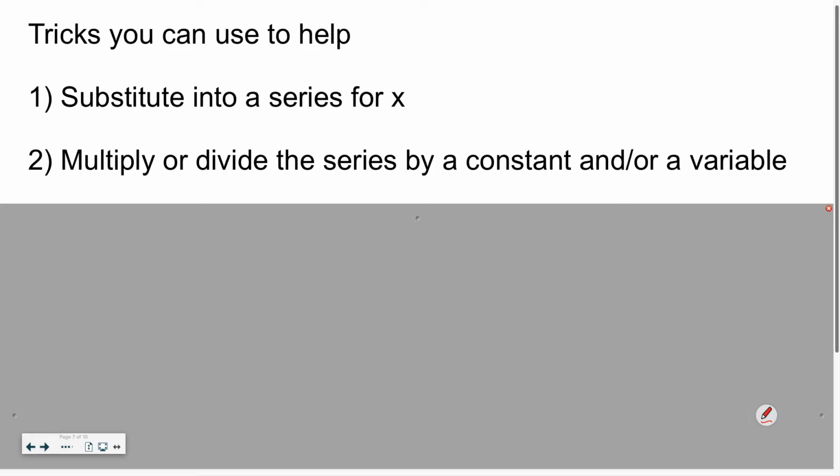You are allowed to multiply or divide by a constant or a variable as an x.